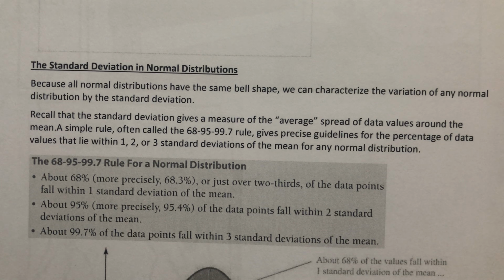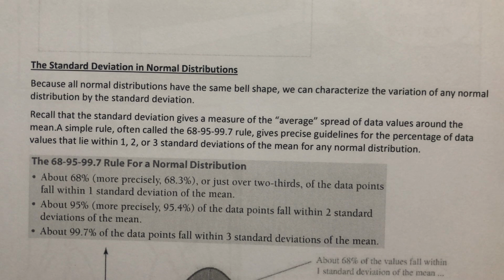So 1 deviation will contain about 68% of the population. It's actually 68.3, but for this assignment, we are going to call it just a straight 68. 95%, actually it's 95.4, but for these assignments, we're going to go 95%, fall within 2 deviations.